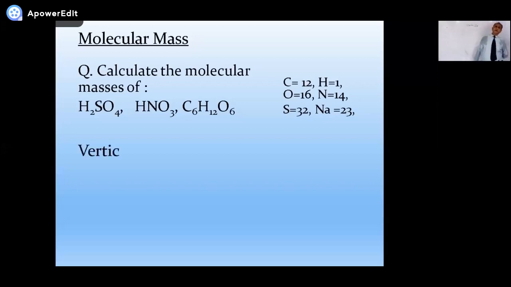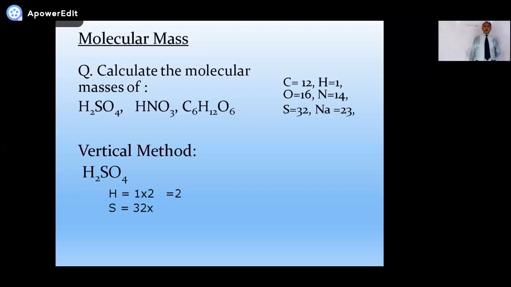I name the first method the vertical method. First of all, we write the molecule whose molecular mass we are going to find. H: what is the atomic mass of hydrogen? 1. How many hydrogens do we have? 2. So 1 twos are 2.